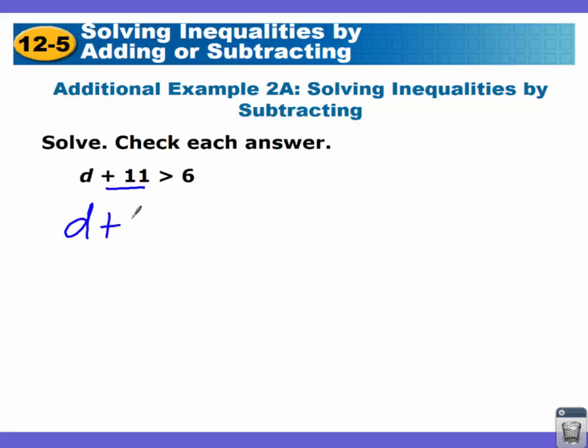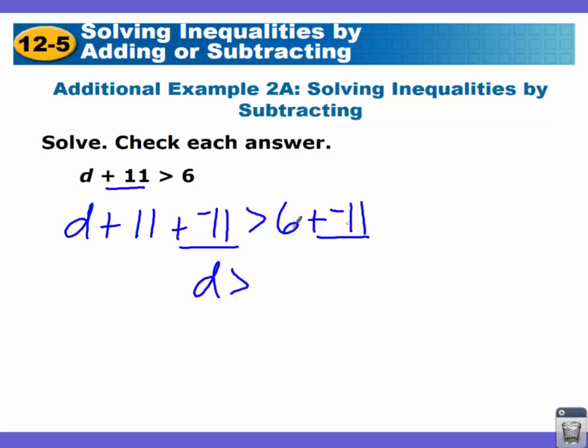So D plus 11 plus negative 11 is greater than 6 plus, and we added the negative 11 to it, so I need to add a negative 11 over here. Add the same number to both sides. So we end up with D is greater than or equal to, and then 6 plus negative 11 gives me negative 5.